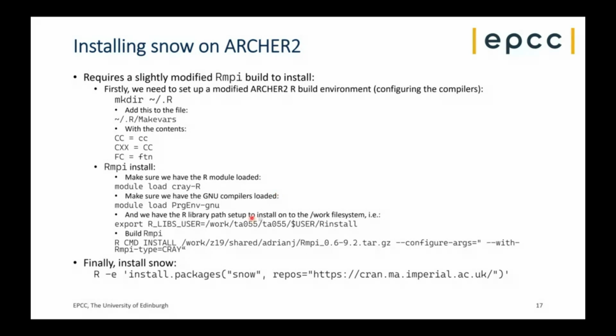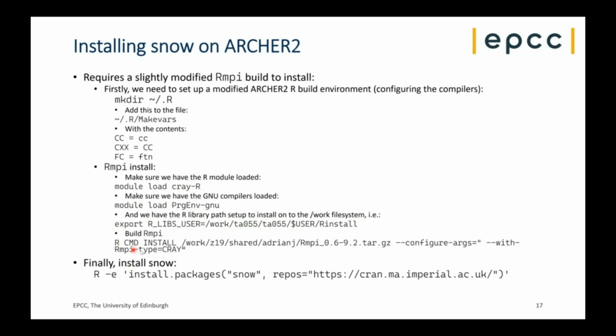So when we come to do that, obviously, as we've talked about before, about how you build an optimized R environment on ARCHER2, so it picks up the compilers correctly, you're using the pre-installed R and the right compilers, and you need to specify that you want to install your new packages on the work file system, not the home file system. So you do something like this. Of course, for you, this is not going to be TA055, it'll be TA065, but that lets you do that.